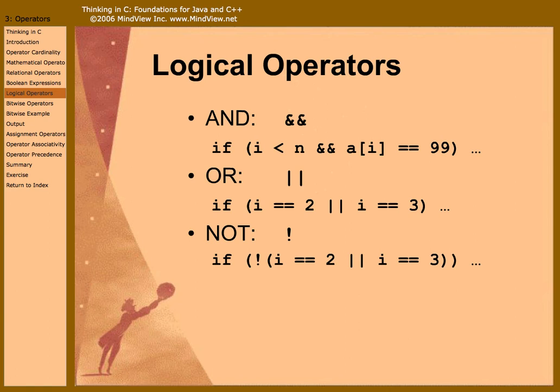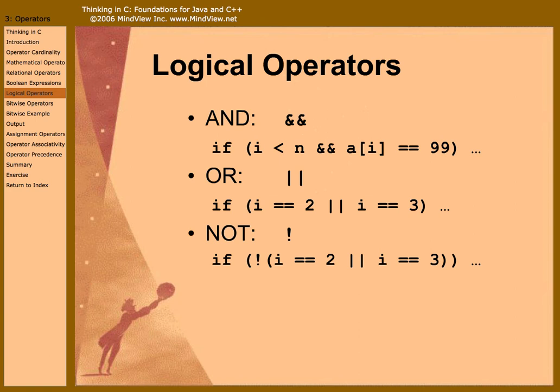So in the first example, it says if i is less than n and a sub i equals 99. Well, if it turns out that the first expression, i less than n, is false, that's sufficient to determine the truth value of the entire compound expression, because false and anything else is false.